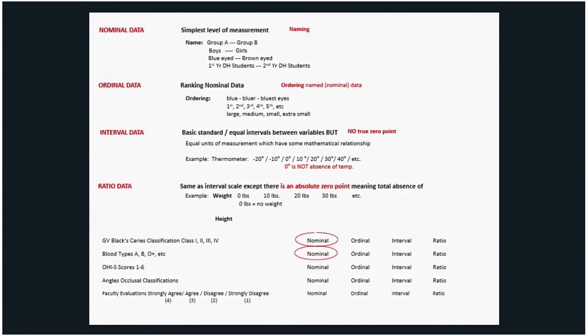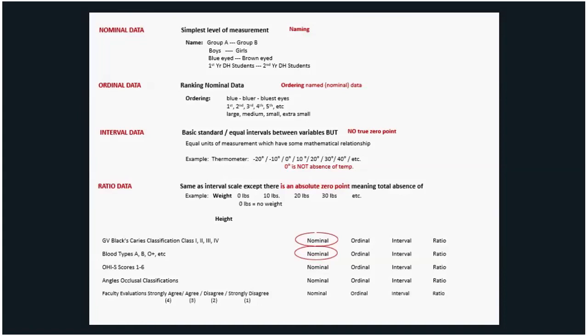OHIS scores, 1 through 6. Would we say that's nominal, ordinal, interval, or ratio? First thing you have to ask yourself, 1 through 6, is an OHIS score of 1 6 times less than a score of 6? No. We're trying to organize. That basically tells us how much debris we have on the teeth.